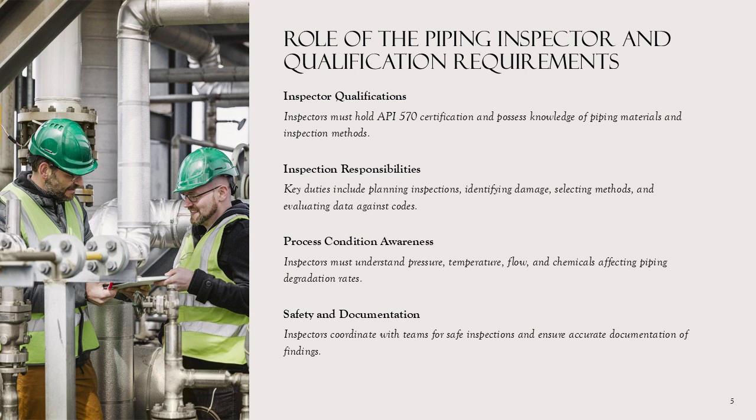Their responsibilities include planning inspections, identifying credible damage mechanisms, selecting appropriate inspection methods, and evaluating inspection data against code acceptance criteria. Inspectors must understand process conditions such as pressure, temperature, flow regime, and chemical composition, as these factors directly influence degradation rates and damage susceptibility.